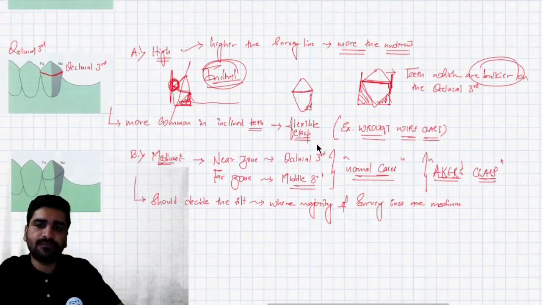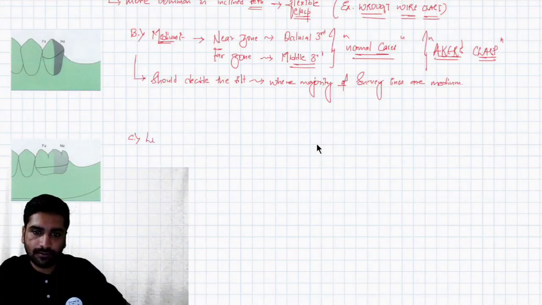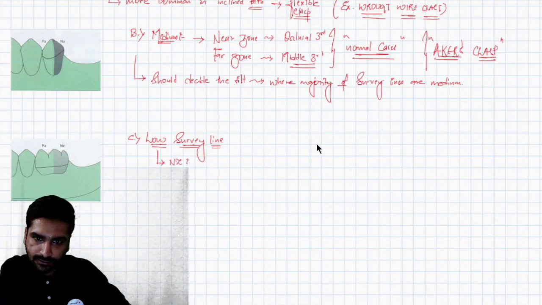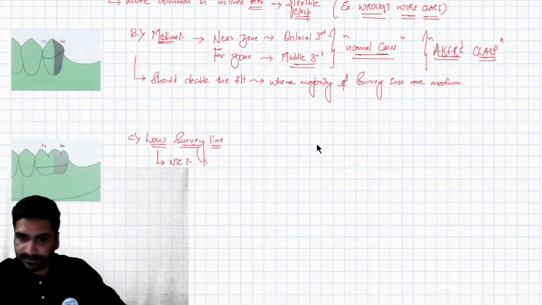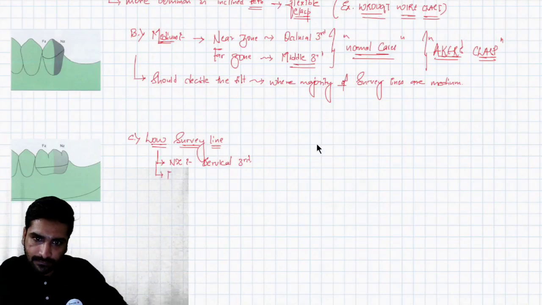Okay, now the third survey line over here is your low survey line. Now for low survey line, again in the near zone it will be in which area? In the cervical third of the teeth. In the far zone it will also be at the cervical third.